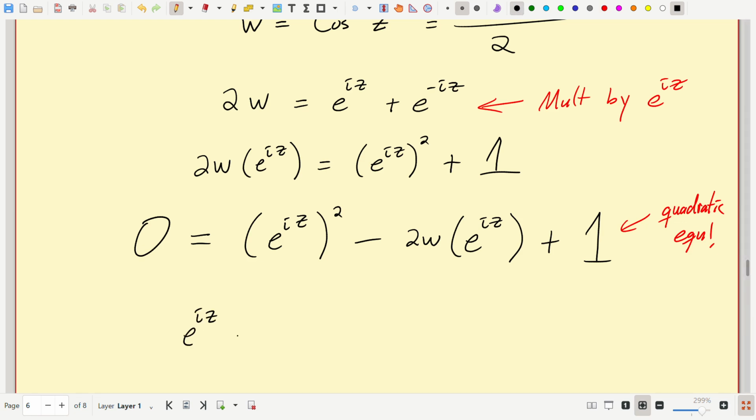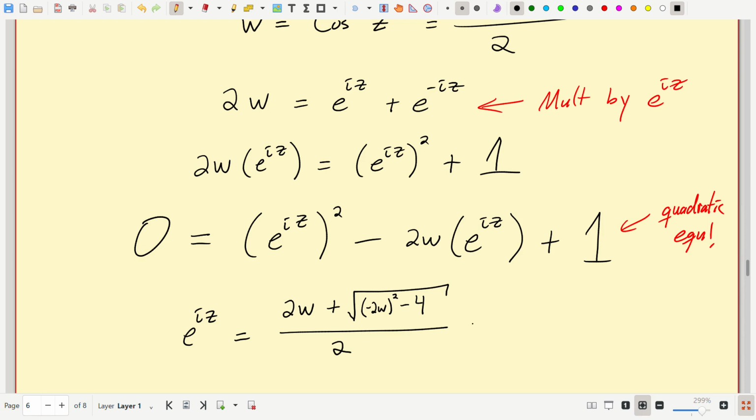Using the quadratic formula, it would be minus b, that would be plus 2w, plus or minus, well, I have to think about square roots in the complex, so I'll use a square root to mean a complex square root. There'd be 2 of them, plus and minus. b squared would be minus 2w squared minus 4ac, that would be minus 4, over 2a.